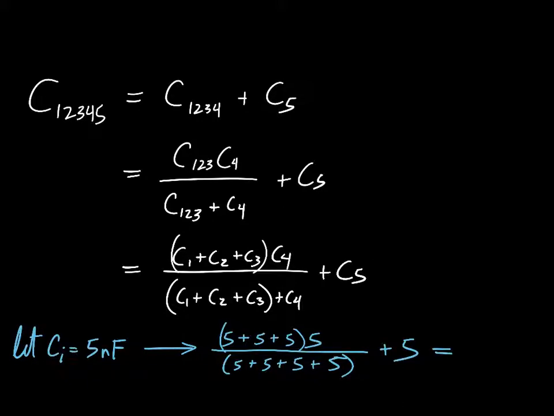If you do all of the number crunching, you're going to get 8.75 nanofarads. Now, where does the nano come from? The fraction part would have no units, because you'd have nanofarads over nanofarads. But that plus 5 is a plus 5 nanofarads, so you get it back.